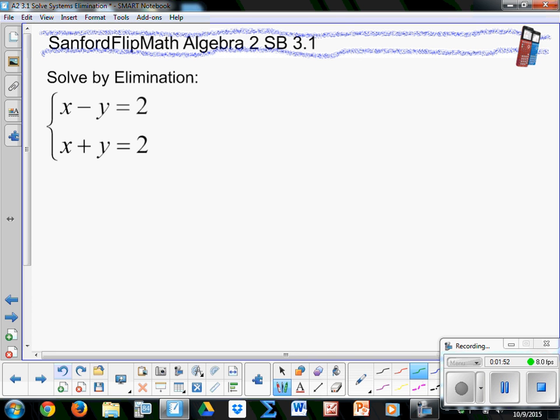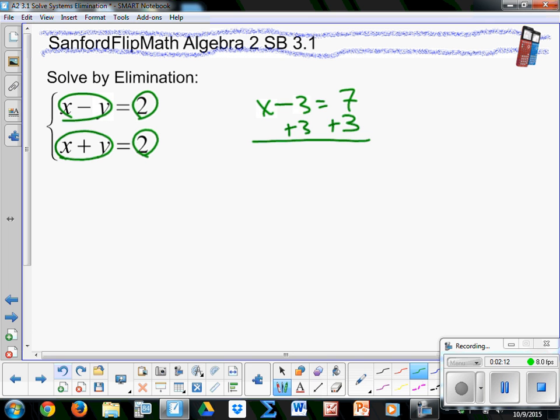And the basic idea of this is to just add the equations together. When I add the left side of this equation to the left side of this equation, and the right side to the right side, ultimately what I'm doing is adding the same thing on both sides of an equation. Just like if I had x minus 3 equals 7, I add 3 to both sides to solve it.